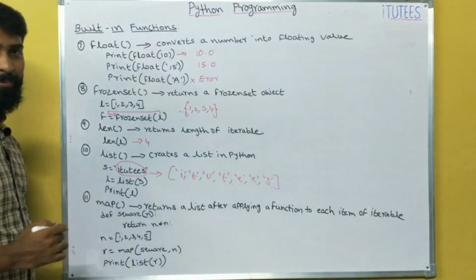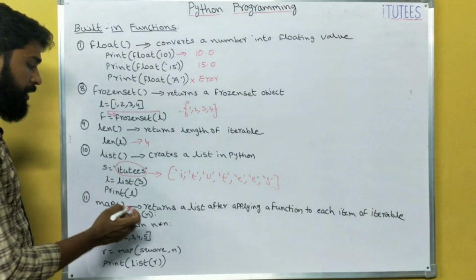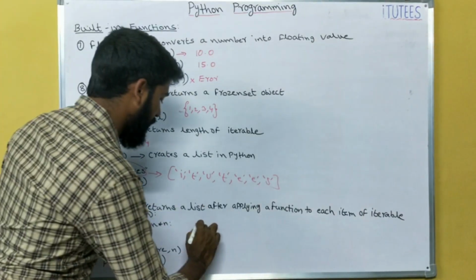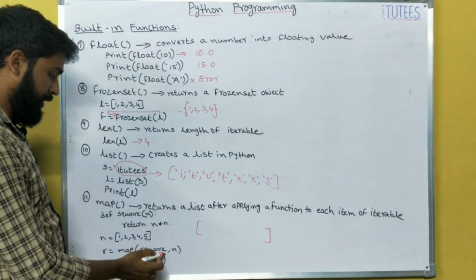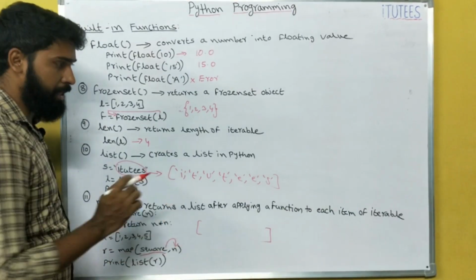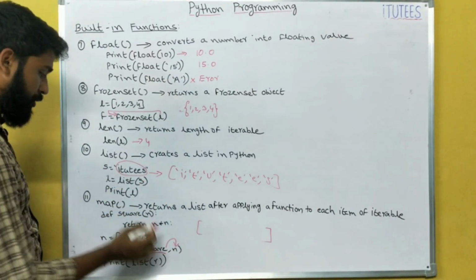Next, the map function. In many programs we use this map function. What does the map function mean? It returns a list after applying a function to each item in an iterable. So this is the iterable, 1, 2, 3, 4, 5.